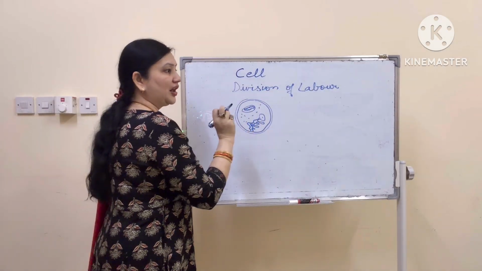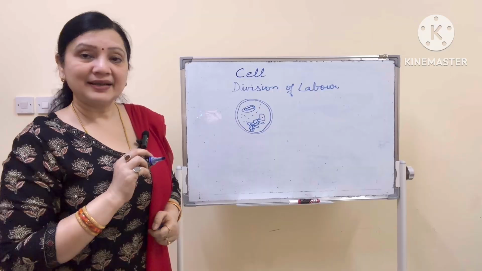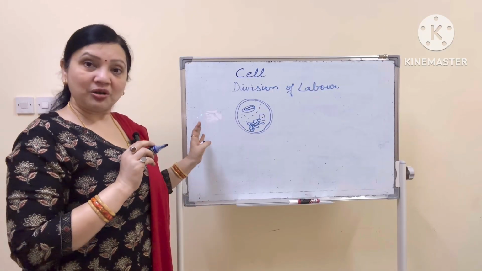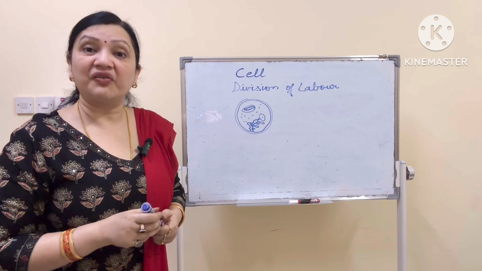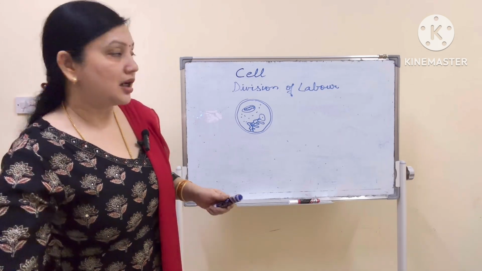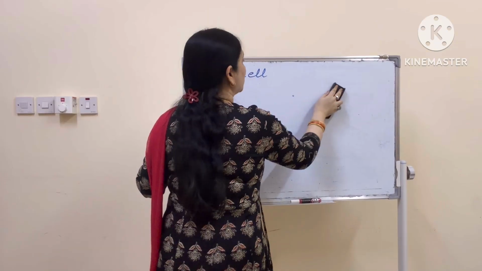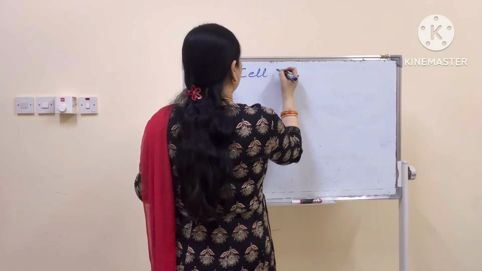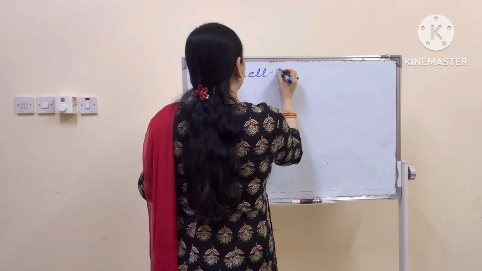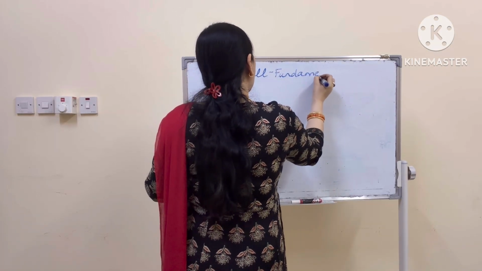So division of labor is shown inside this tiny cell also. Division of labor means every organelle has a specific function. The next thing is cell as the fundamental unit of life. Fundamental unit of life means how cell aligns and forms an organism.